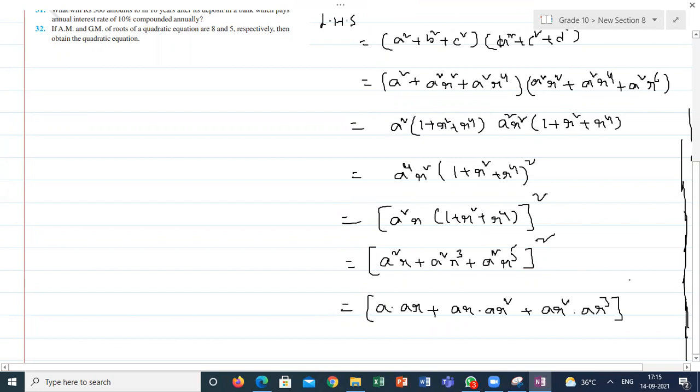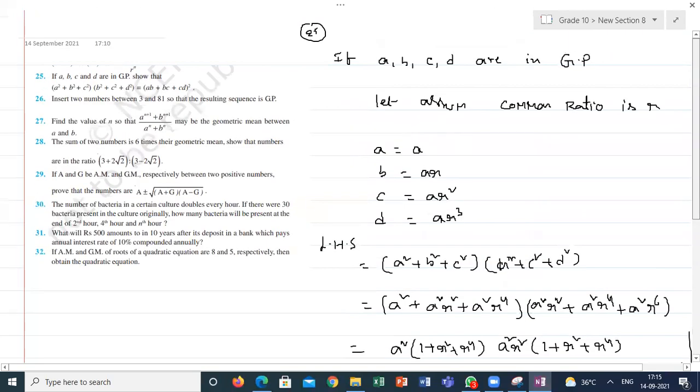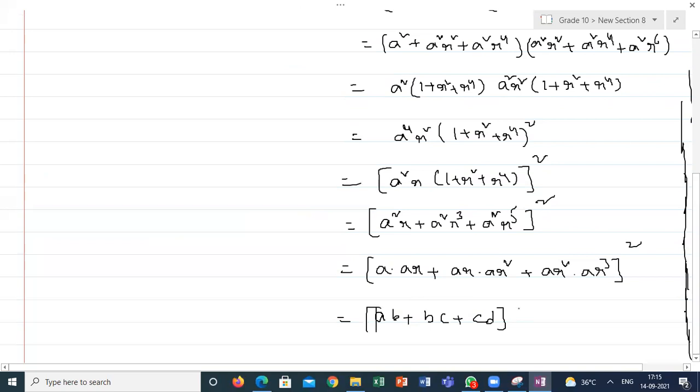Hope you understand what I did here. This is AB plus BC plus CD whole square, which is the RHS they are asking us to prove.